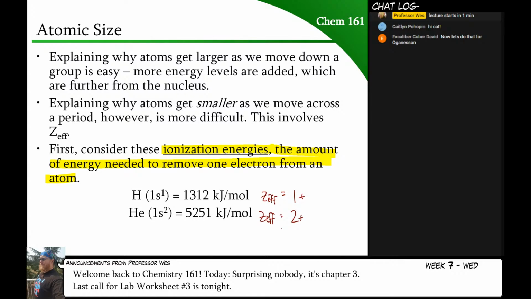And as a result of that, those electrons actually get closer to the nucleus. So then when we go over to this, not only has this gone up by a factor of 2, because it went from 1 to 2, this is decreased. And so this number ends up being way larger as a result.